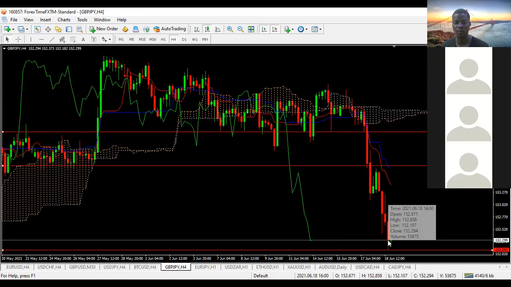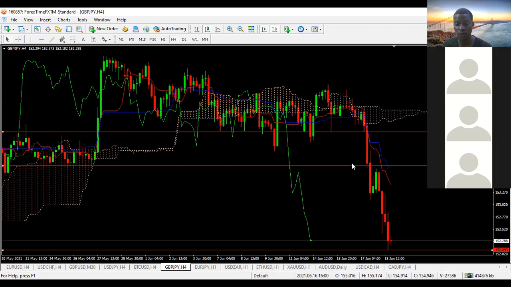The price is still moving below. You can decide to move the stop loss below the entry or above the entry, or moving it into break even. Because there are some times whereby you have a winning trade, and if you don't manage the trade very well, the winning trade can turn into a losing trade.